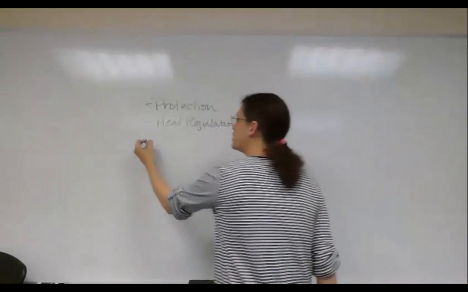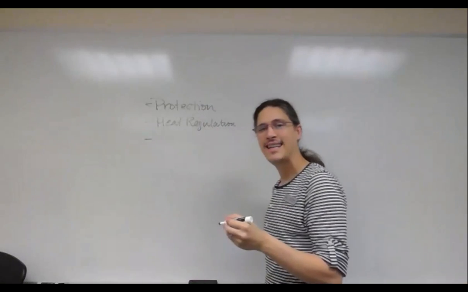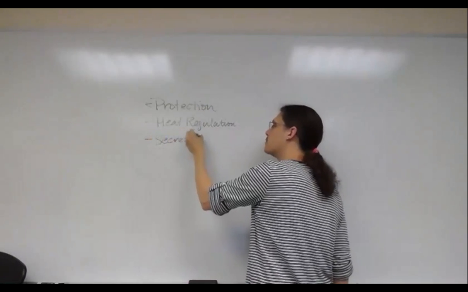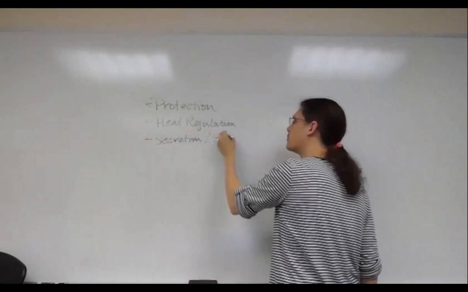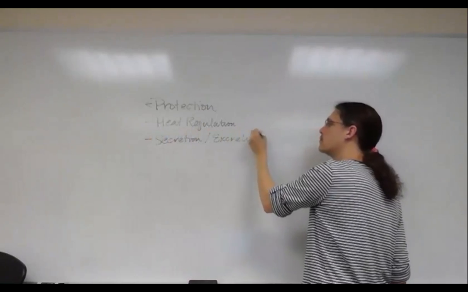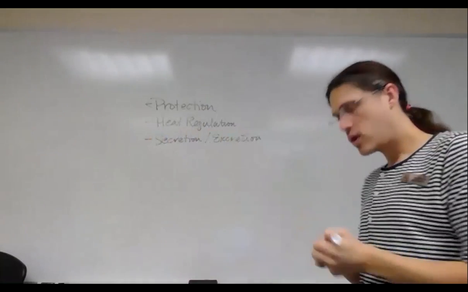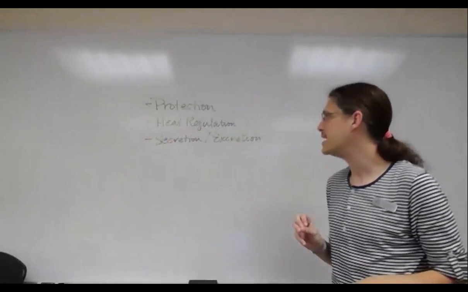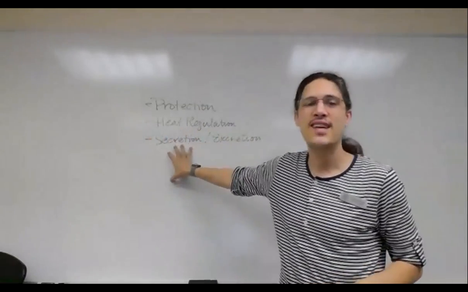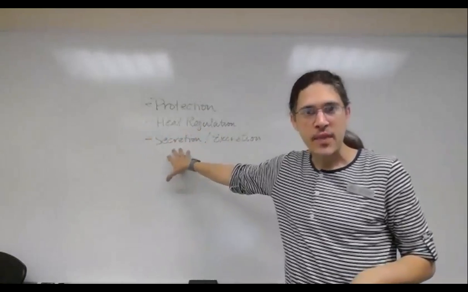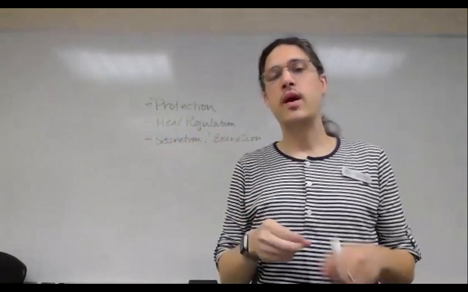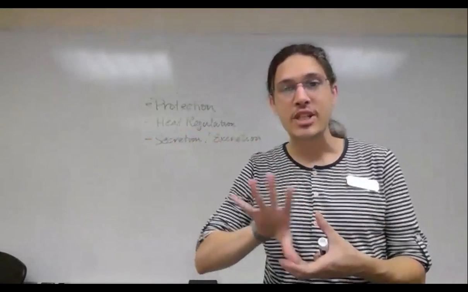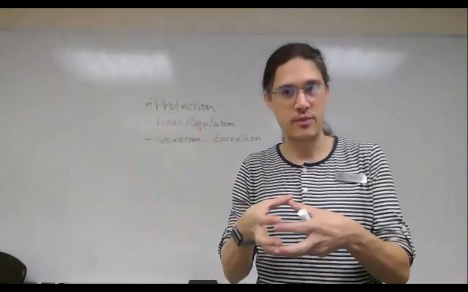The next functions are secretion and excretion. Now these 2 words mean something precise, so I want to talk about that with you guys. When we say that something is secreted, secretion is when the body produces something for a reason that is then ejected from the gland that it was produced in.